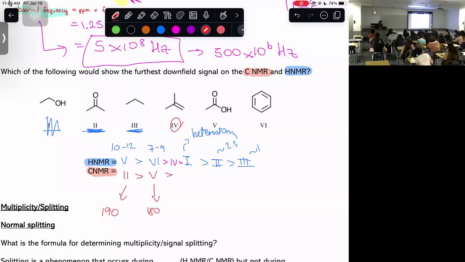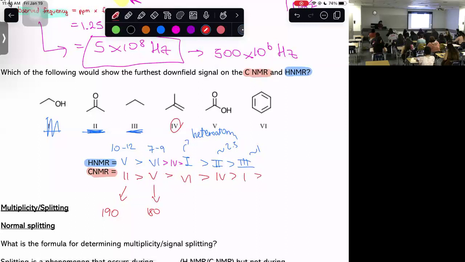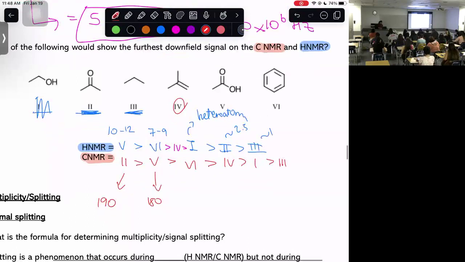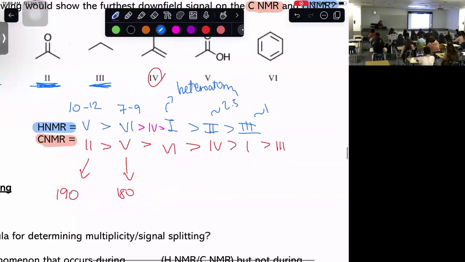And then, because we have 3 minutes, I'm just gonna start filling this out because I want to explain one more concept. Okay, now. The most deshielded signals were molecules 2 and 5, which we were looking at, a ketone and now carboxylic acid.